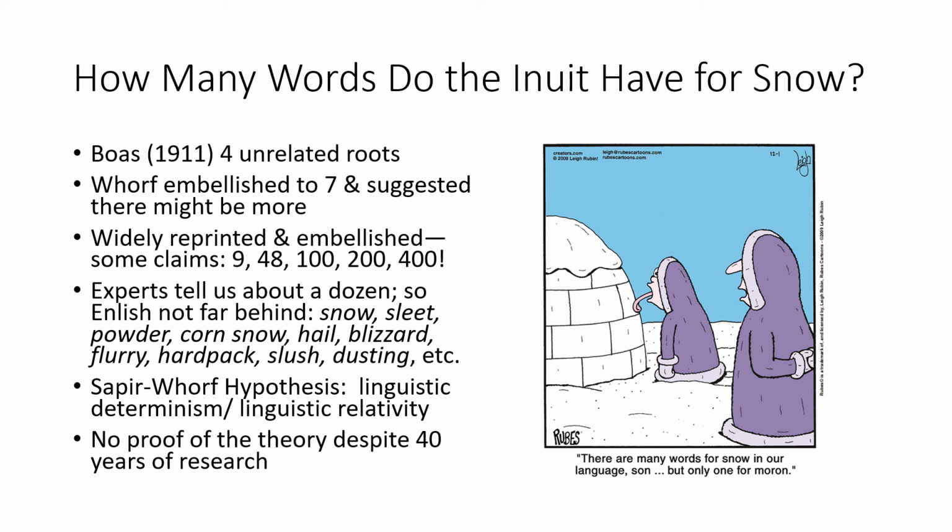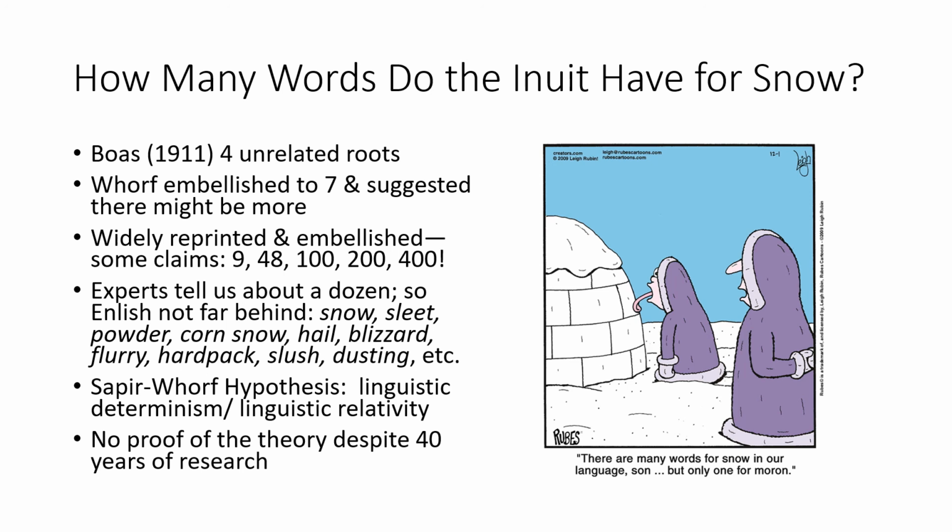So he studied with Sapir at Yale. Whorf embellished this and said that there were 7 unrelated roots for snow in Inuit languages, and suggested that there might be more.